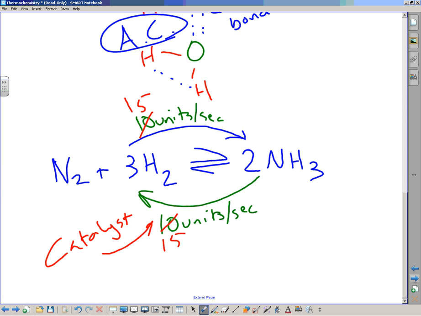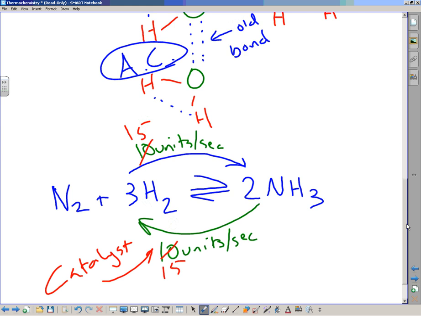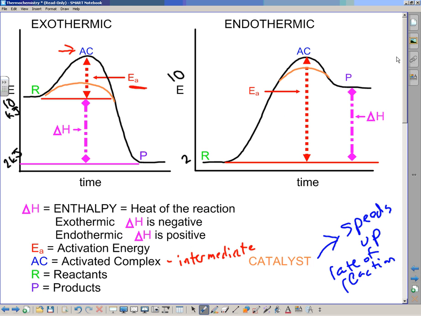Now, how does that translate into energy? We go all the way back up to this diagram here, okay? Now all of a sudden we see when we add this catalyst, the amount of activation energy required to get to that activated complex, get over that hump in the graph, has decreased.